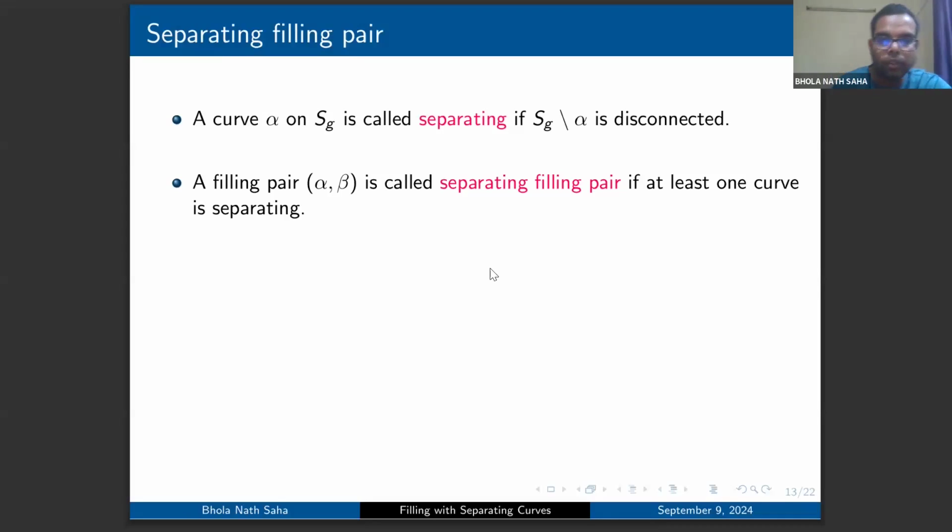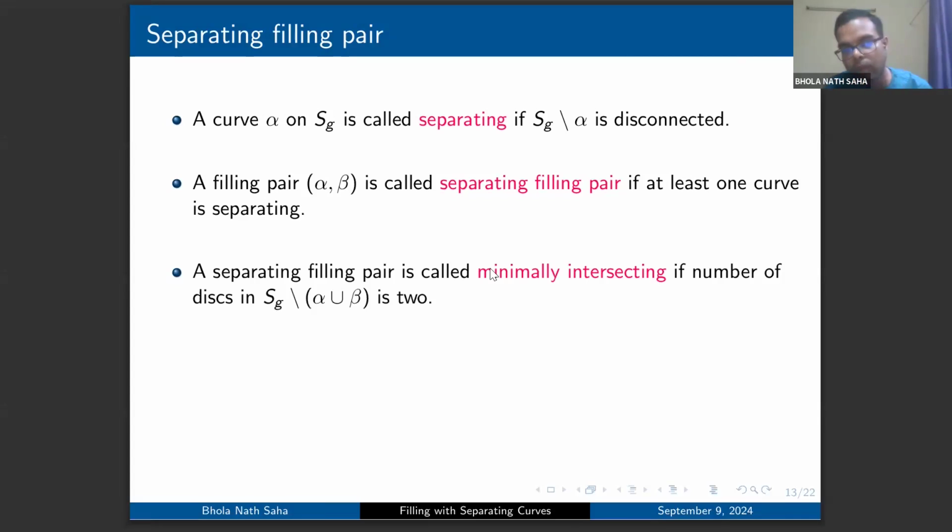Now, a filling pair is called a separating filling pair if at least one curve in this pair is separating. A separating filling pair is called minimal if the number of disks is minimal, that is 2.